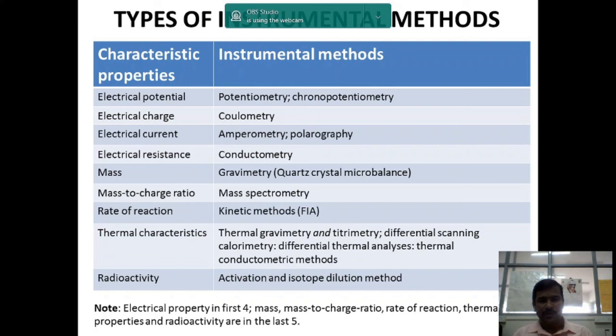So radioactivity activation methods or isotope dilution methods are employed in order to study the radioactivity of any element or any compound.